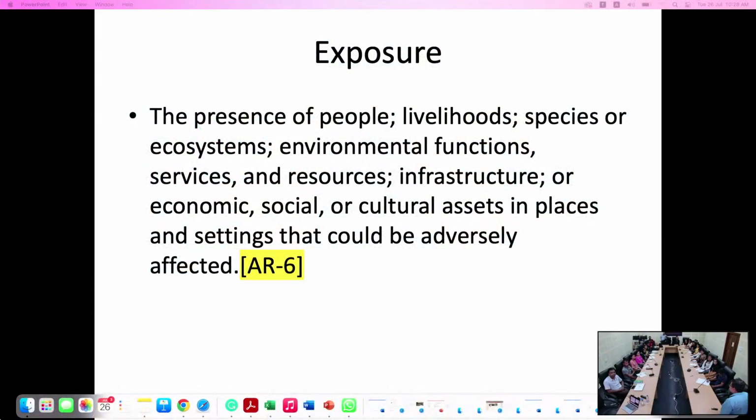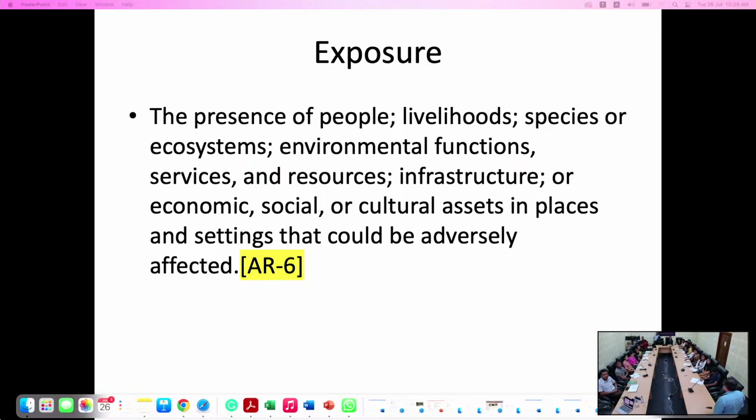Say if there is a tsunami in Indonesia, are we going to be affected here in Assam? But some people who are living in the coastal areas of Indonesia may be affected, right, because they are there at the epicenter. They live within what we call the sphere of influence of that event. So, that is exposure, right.